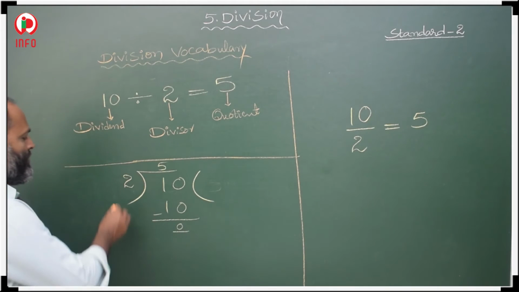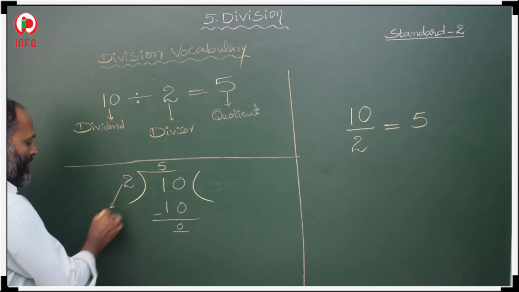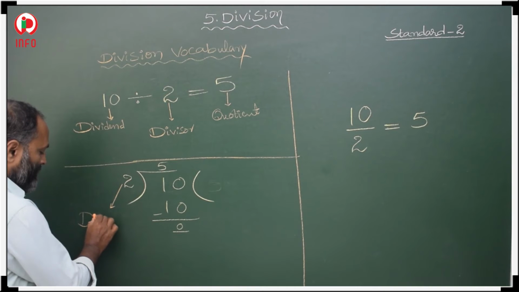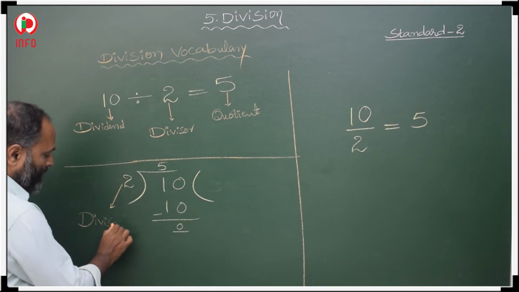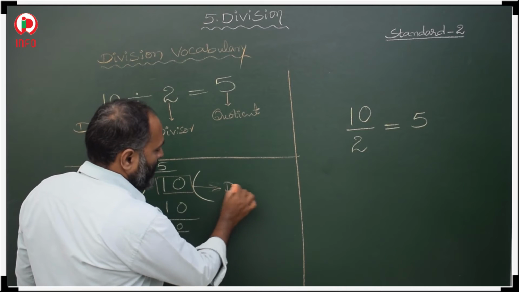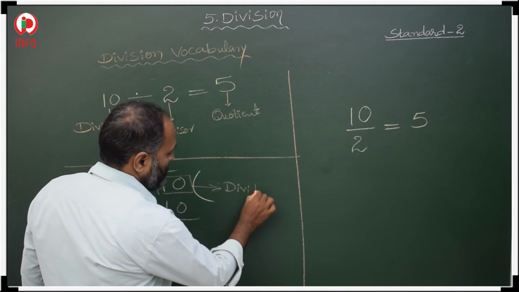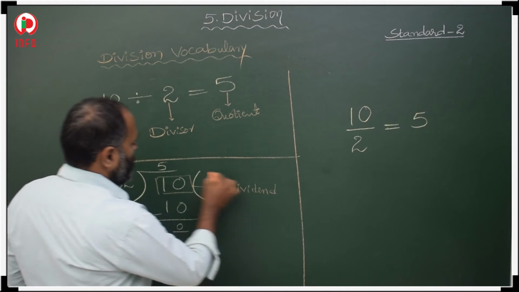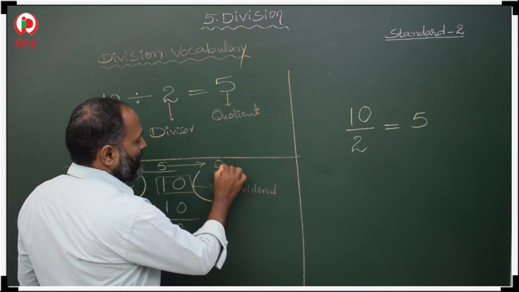So, this 2 is called divisor. This 10 is the dividend. This answer is called quotient.